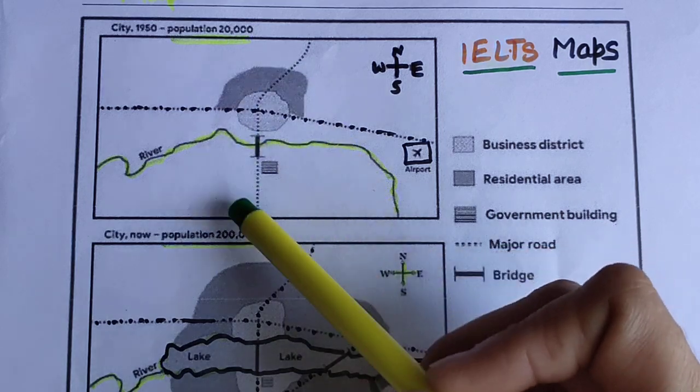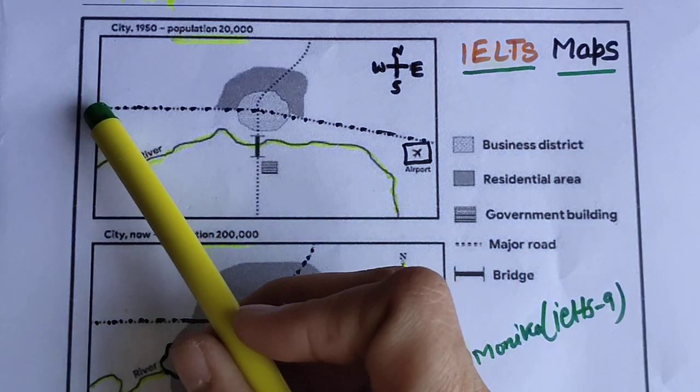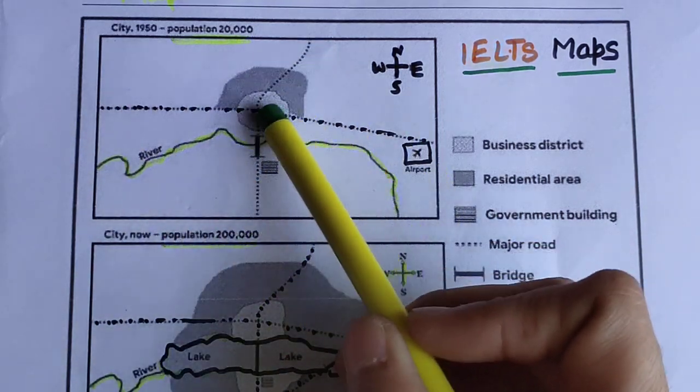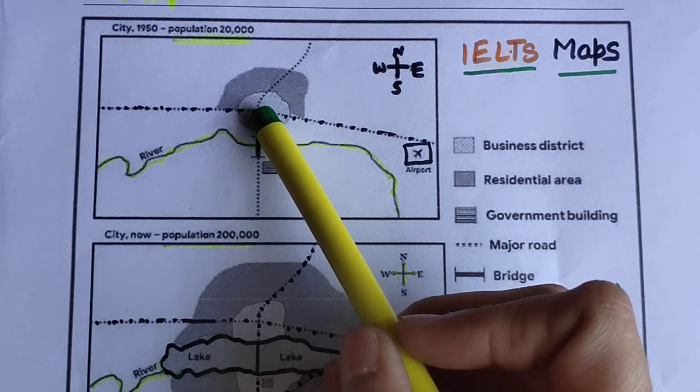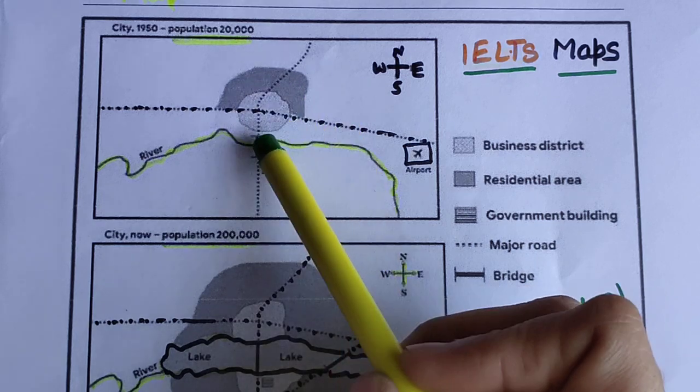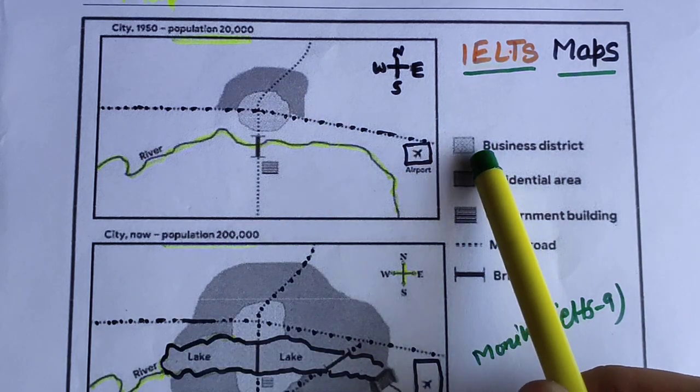Now coming to the next, this is a road, this is also a road. Two roads are going, one from west to east, and one from north to south, and they are interconnecting here at the center of the map. Now what is this? This is business.